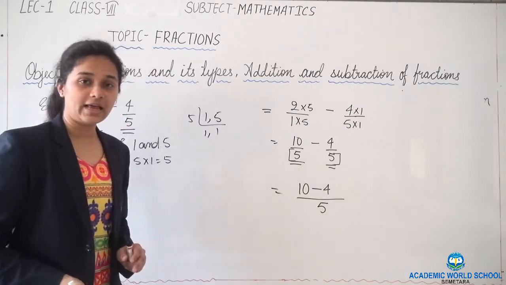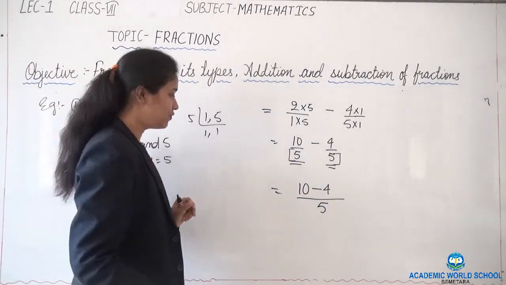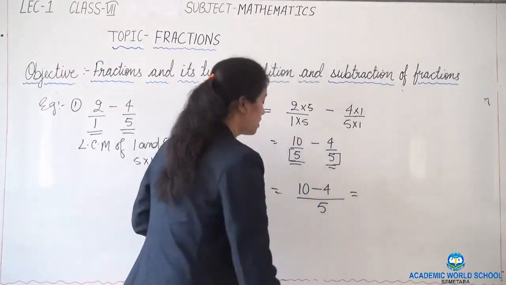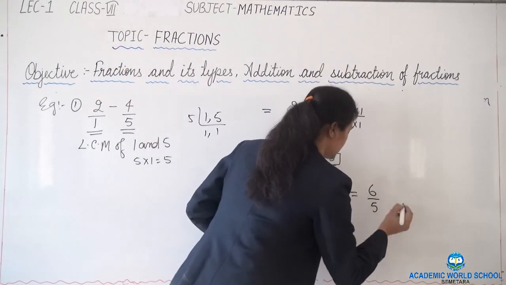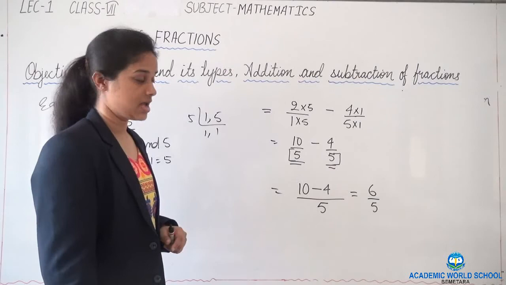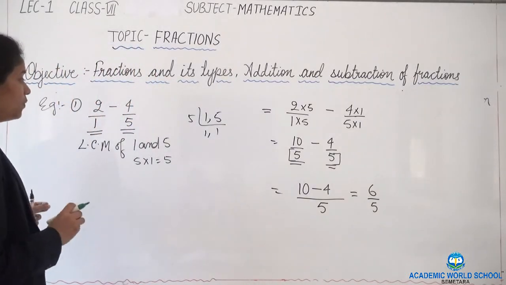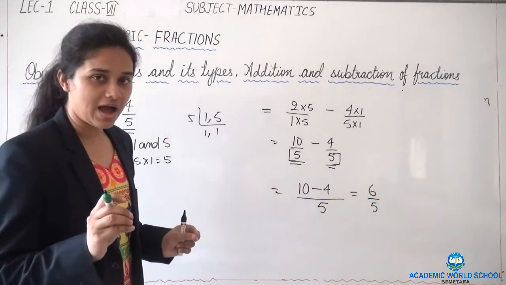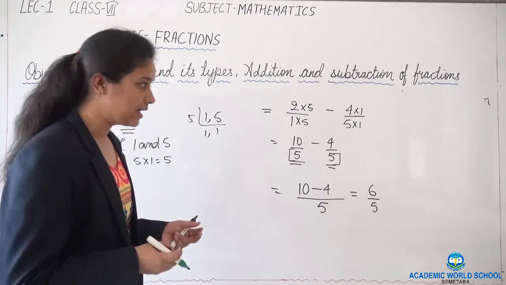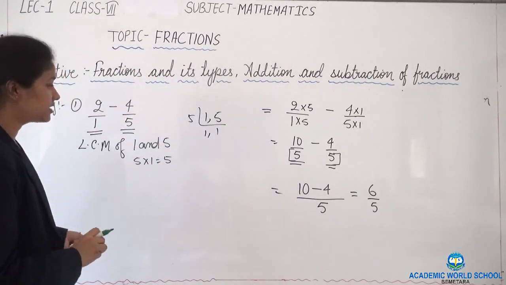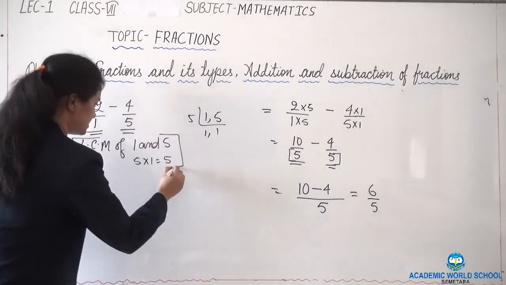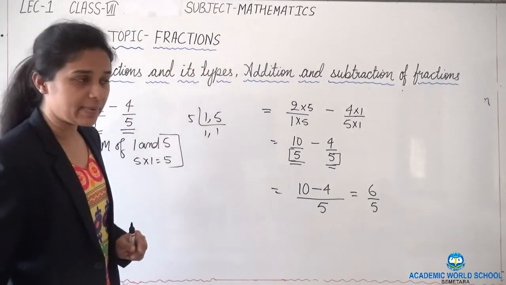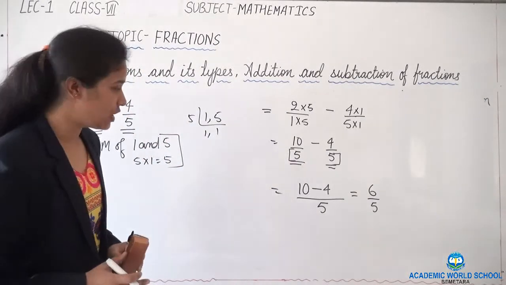So 10 minus 4. 10 minus 4 we got here is 6 upon 5. This is the way we subtract two unlike fractions, by converting the unlike fractions into like fractions by the process of LCM, by finding the LCM and changing the denominator.